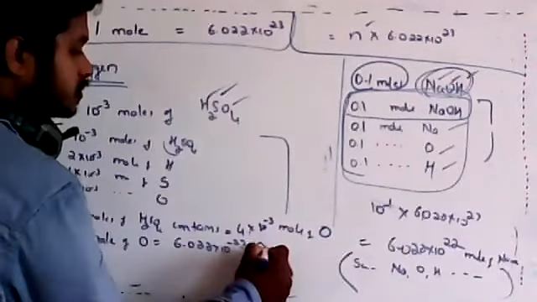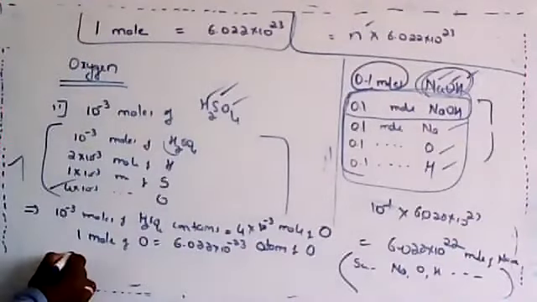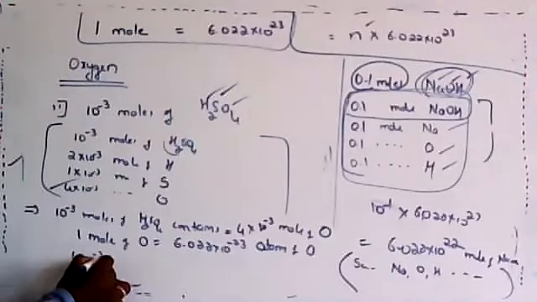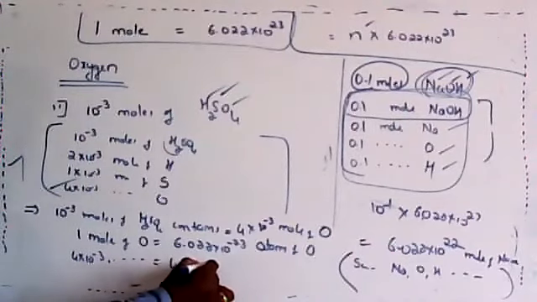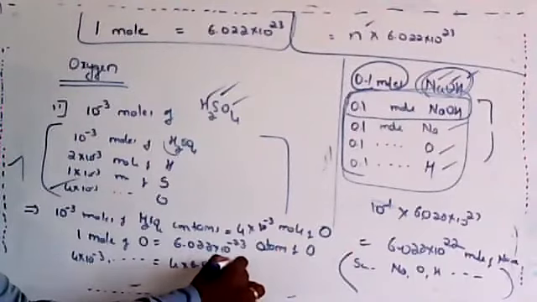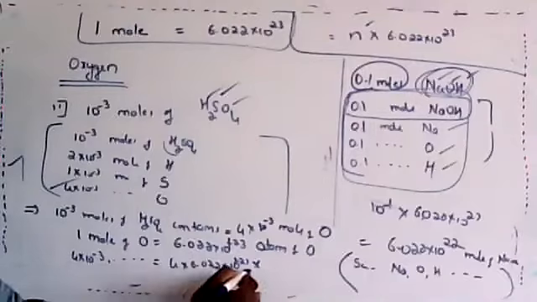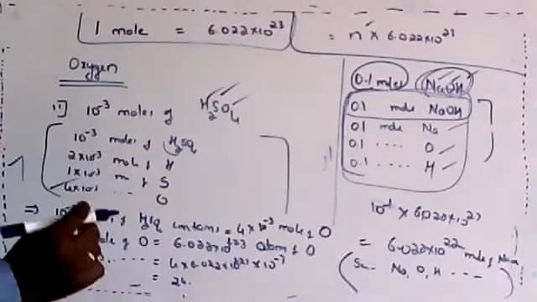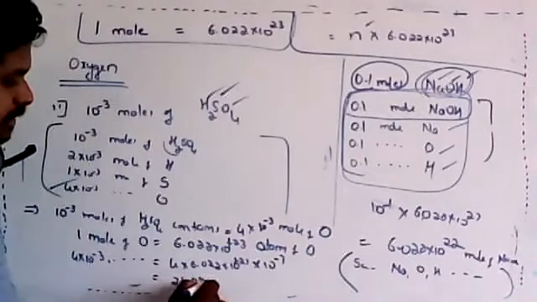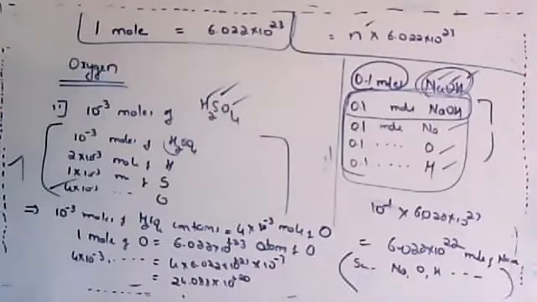Similarly, for the given amount of 4 into 10 to the power minus 3 moles of oxygen, we have 4 into 6.022 into 10 to the power 23, into 10 to the power minus 3. Finally, you will be getting 24.088 into 10 to the power 20.